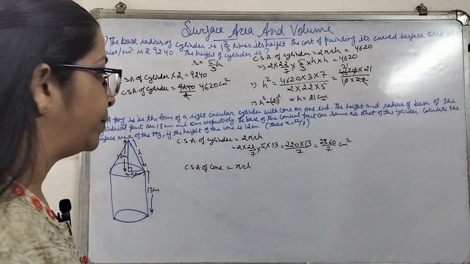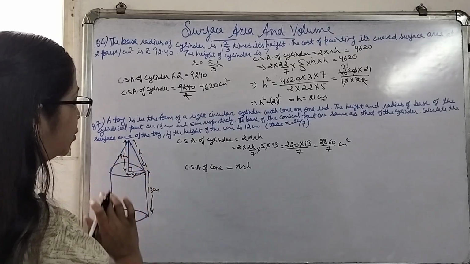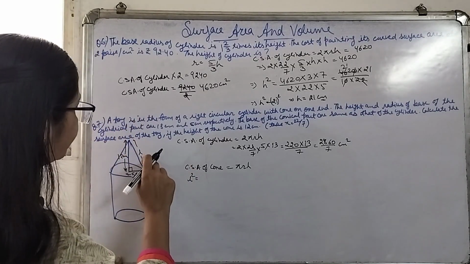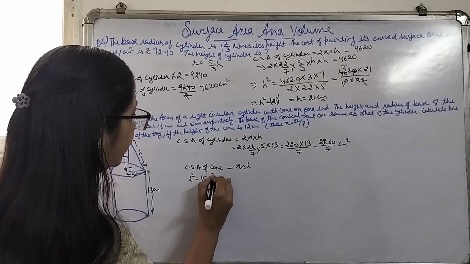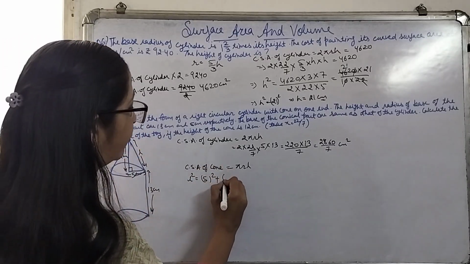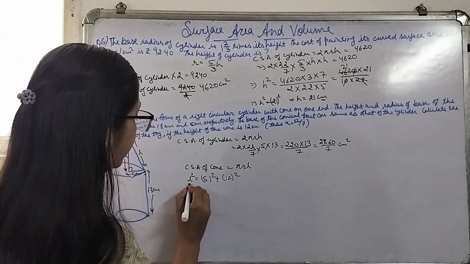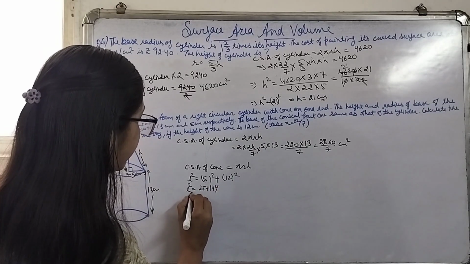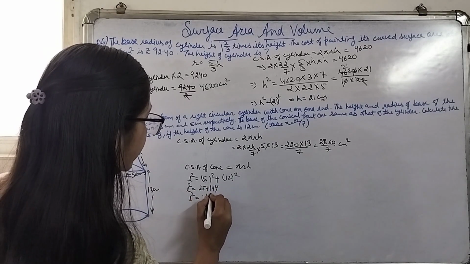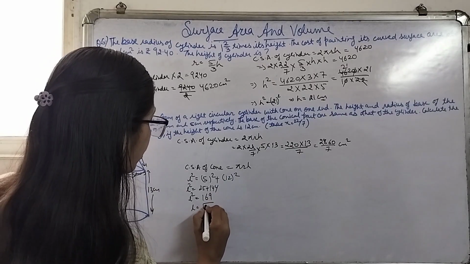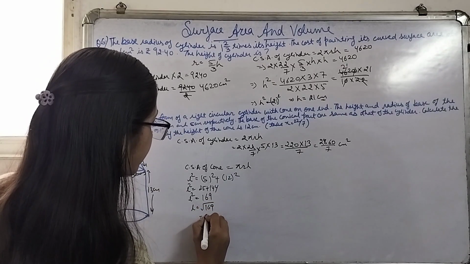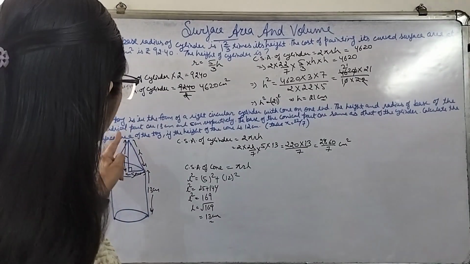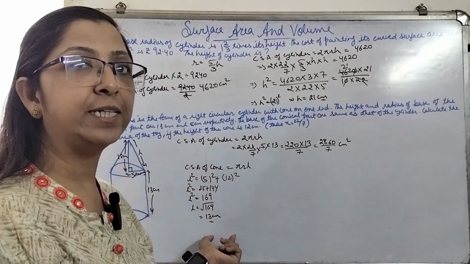by Pythagoras theorem. If we apply the Pythagoras theorem in this triangle, L square will be square of 5 plus square of 12. That means L square will be 25 plus 144, that is 169, and L will be root of 169. We consider only the positive number, so it will be 13 centimeter. The value of L, the slant height, is 13 centimeter.